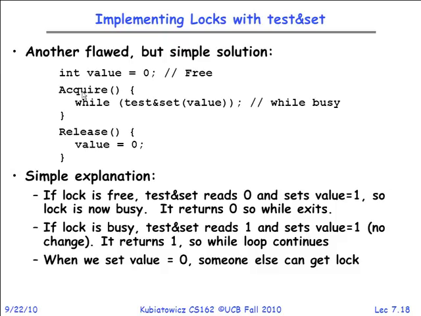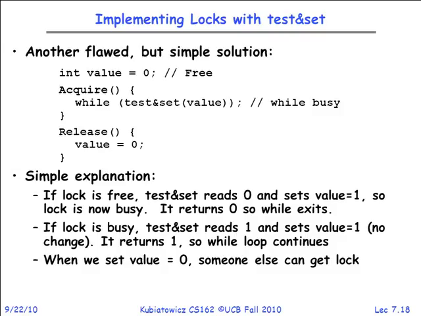And the other problem, and we're going to make a distinction between wasting time doing nothing and something in a moment here, but notice that the real problem with this is we could be busy waiting a long time, because if you grab the lock and then the user goes off and does some really long operation and then you release the lock, somebody else may be spinning for a very long time. Okay?